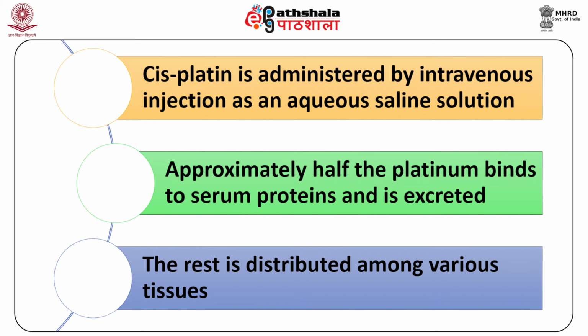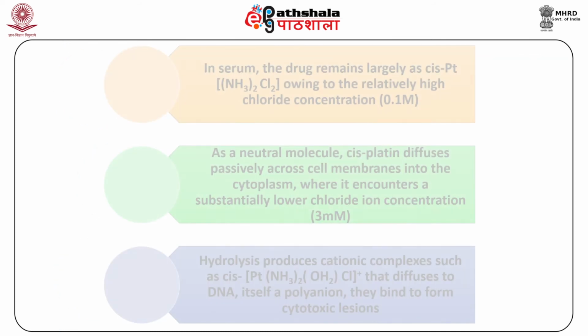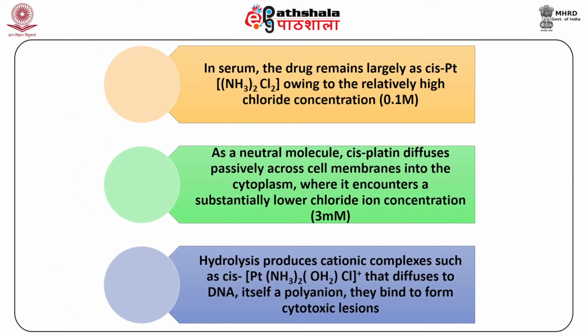Cisplatin is administered by intravenous injection as an aqueous saline solution. Approximately half the platinum binds to serum proteins and is excreted. The rest is distributed among various tissues. In serum, the drug remains largely as cisplatin.